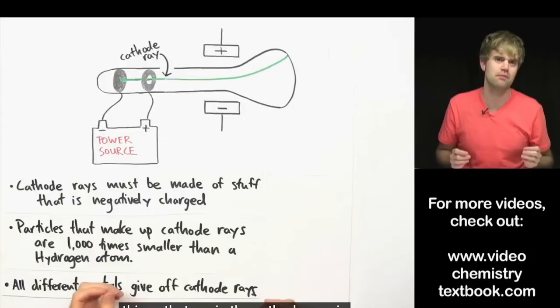What's that round thing made of? That round thing is a piece of metal, okay? No matter what metal, cathode rays come out of there. That means that whatever the cathode ray is made of, comes out of every metal. That means every single metal contains whatever is in cathode rays.